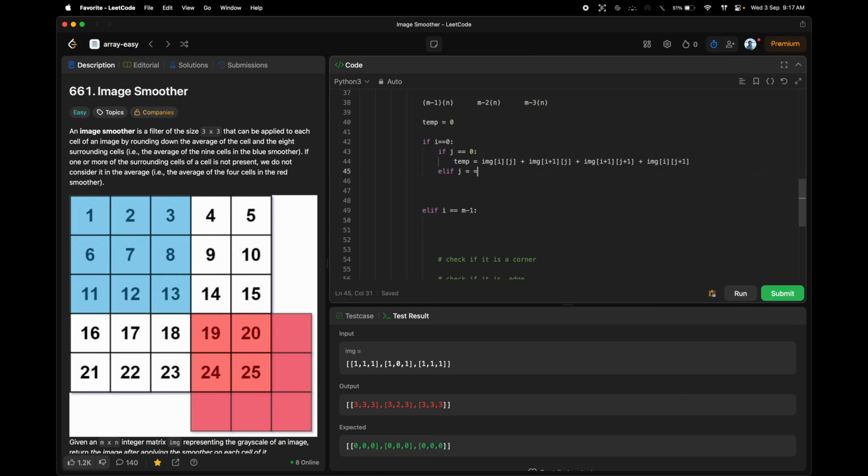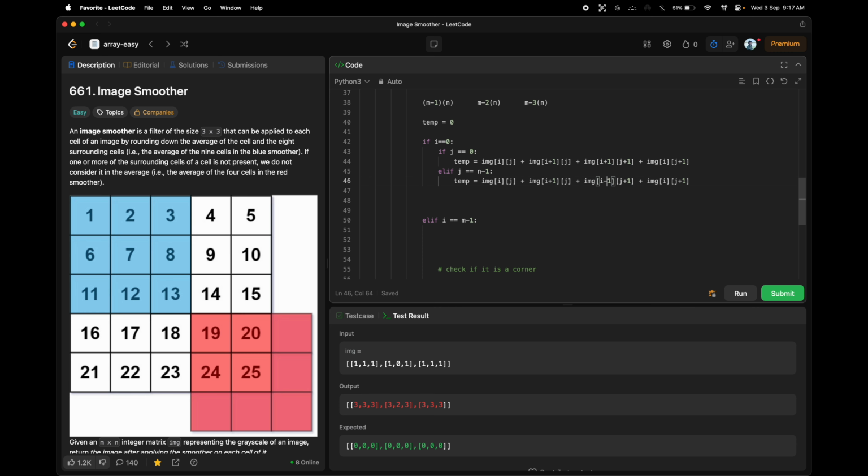j equal to n minus 1. If I equal to 0 and j equal to this value, then the temp would be, let me see, of course this, and then I minus 1 j. Okay, wait, I minus 1 j minus 1, that for sure.